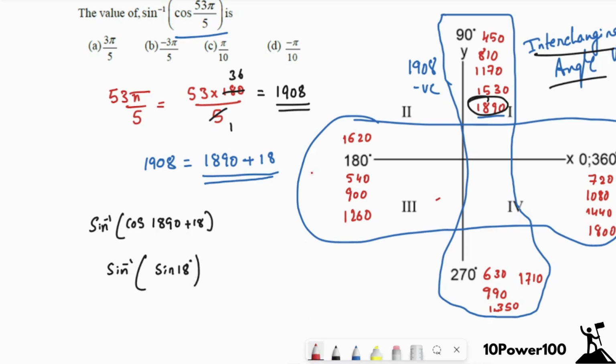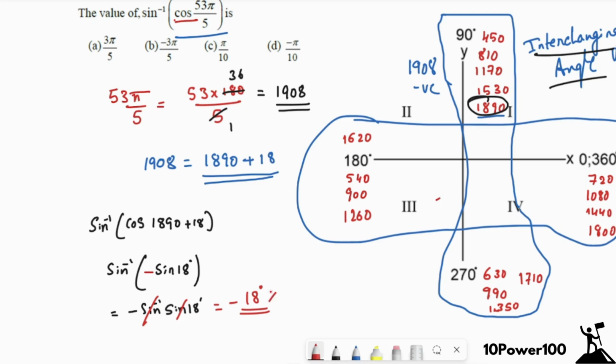But it is falling in the second quadrant, where cos is negative, so it becomes minus sine 18 degree. So we get sine inverse of minus sine 18 degree. We can cancel sine inverse and sine. The final answer is minus 18 degree. But if you observe our options, 18 degree is not there, so we have to convert this into radian measure.